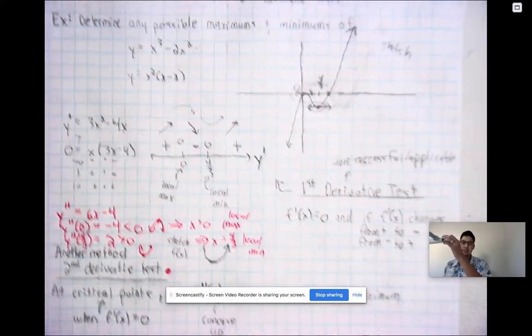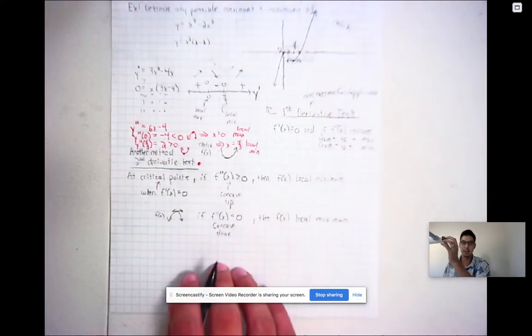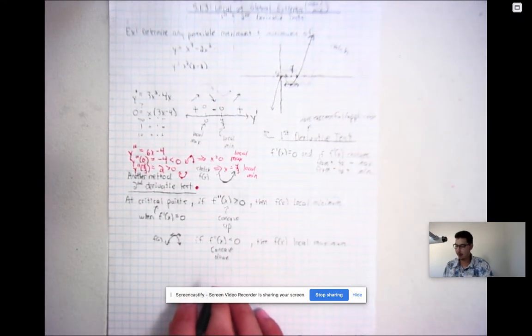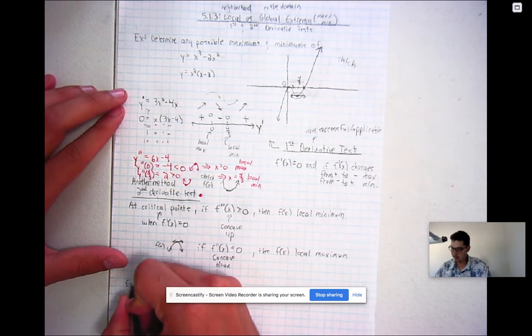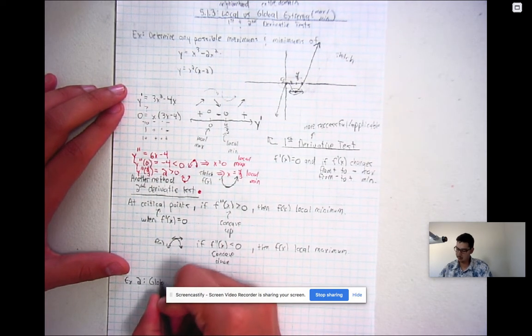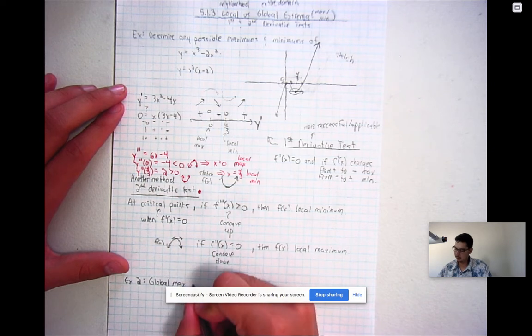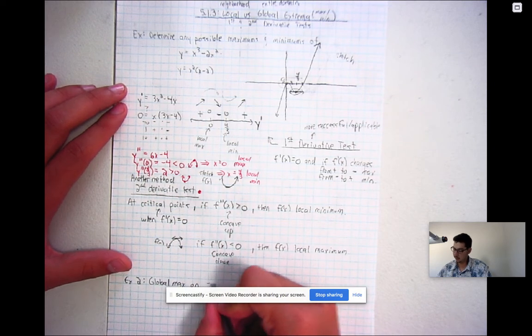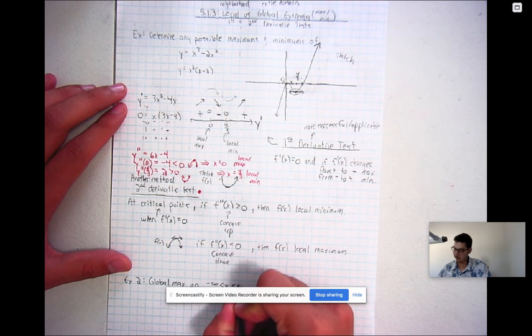All right. So in this problem, I'm going to zoom out just slightly because I want to make sure you still have the graph visible. So if I would have said here, example 2, what's your global max on the domain negative infinity to infinity?